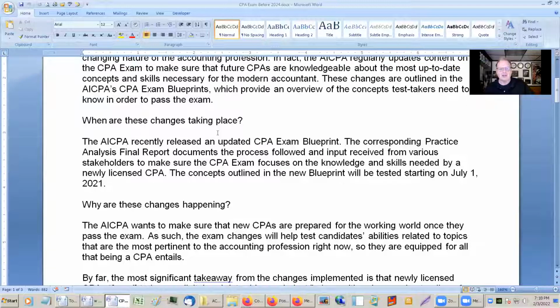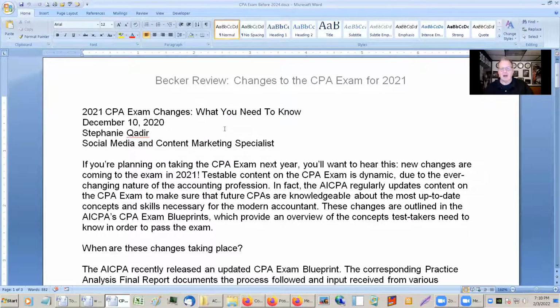So there is a question of whether you want to take it before 2024, which would be a little bit more known, similar to what we have up until this point, or the 2024 exam, which is going to be considerably different. So let's take a look and see what they have there. Okay, so this is for if you're taking it between now and 2023.